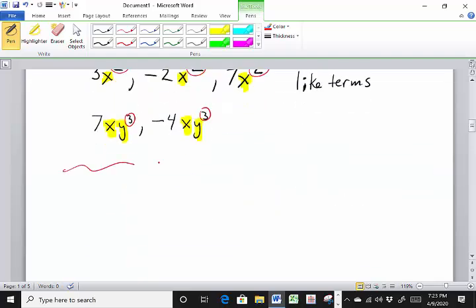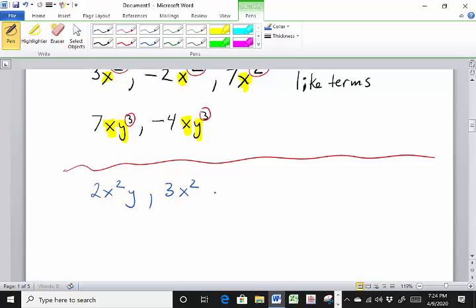Unlike terms, so basically that's pretty easy. So let's look at, for example, 2x squared y, 3x squared, and 4x squared. Okay? Are these like terms? No. These are not like terms because there's a y here and there's no y here or here.